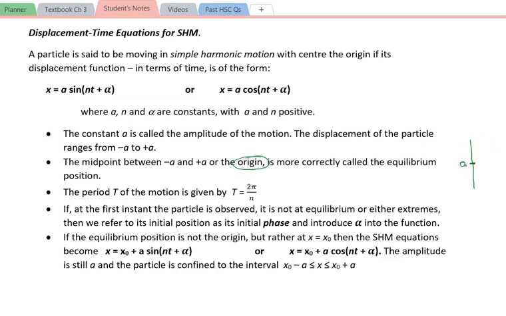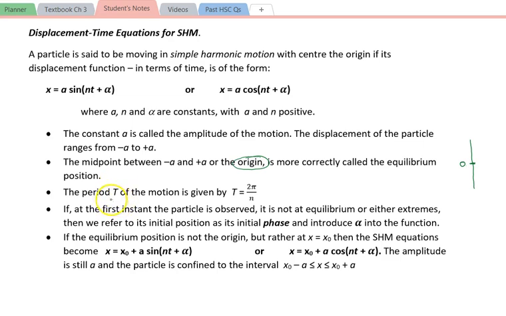But in reality, if I hold a spring there with a particle on the end of the spring, equilibrium could be anywhere. There's no defined origin until we describe a situation.